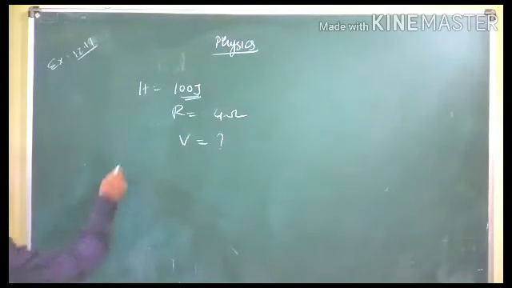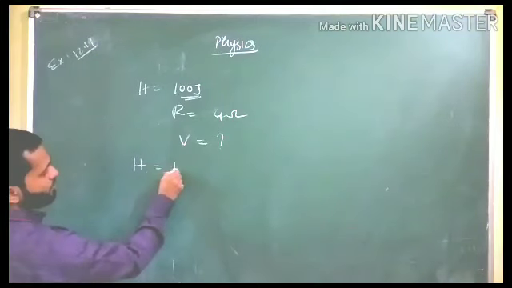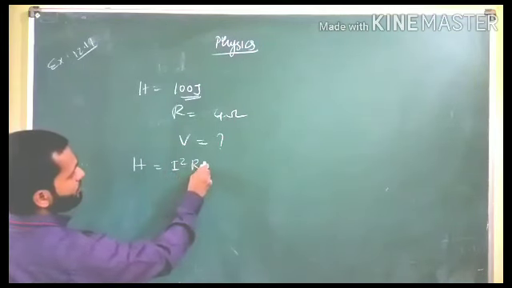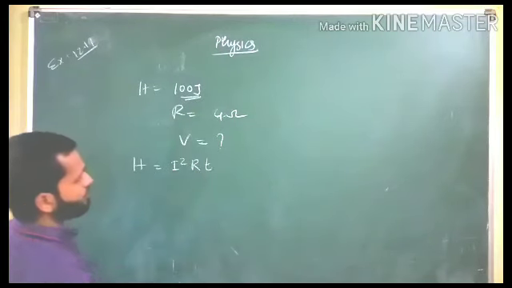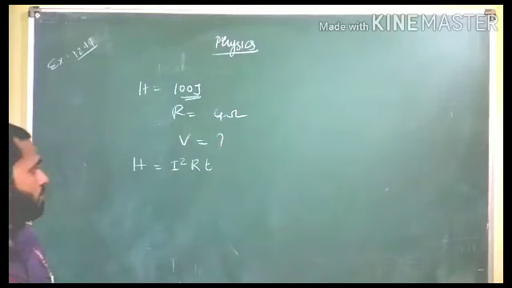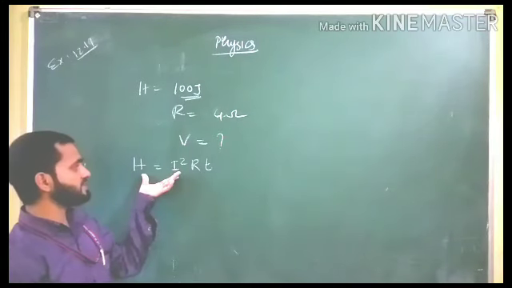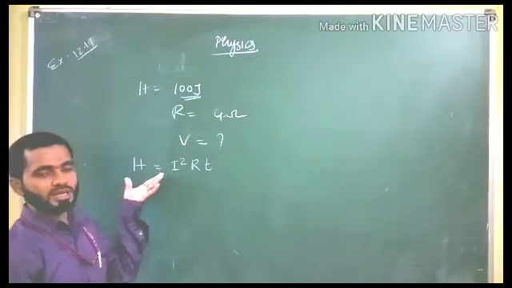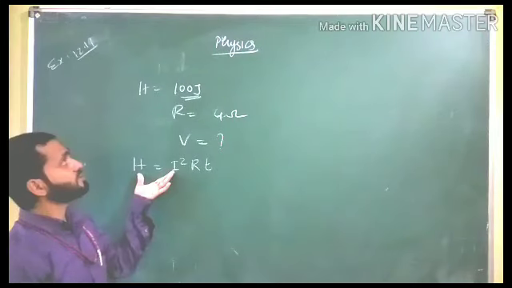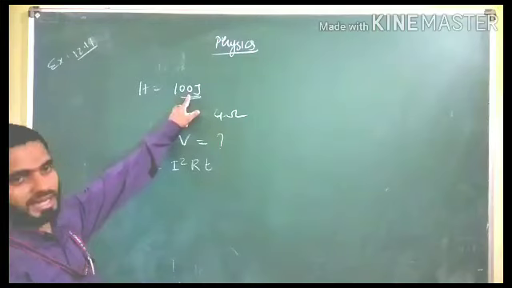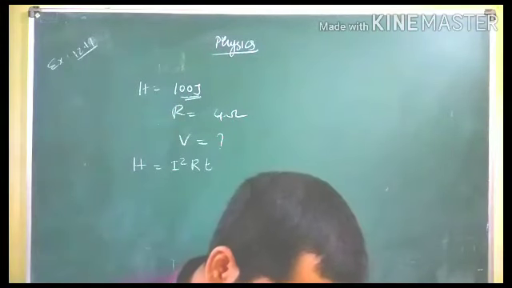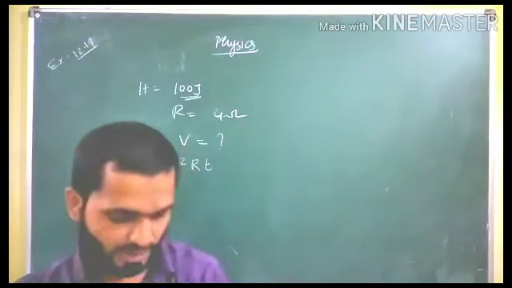H is equal to I square R T. That is the equation for the heat production. Here they have clearly told us 100 joule per second, that is the time given there.